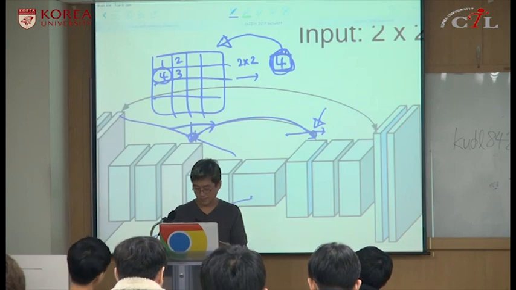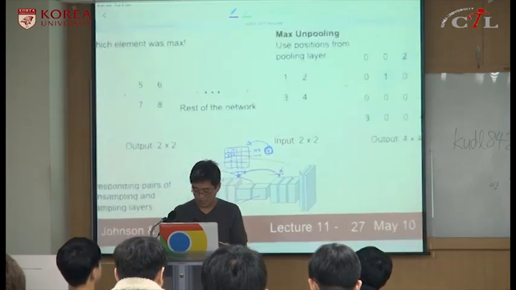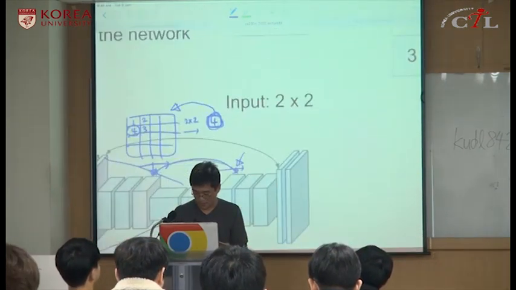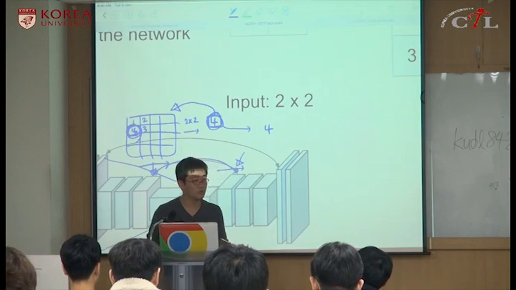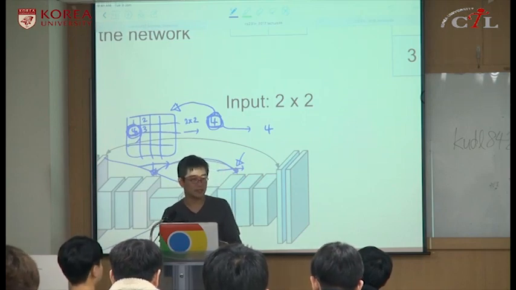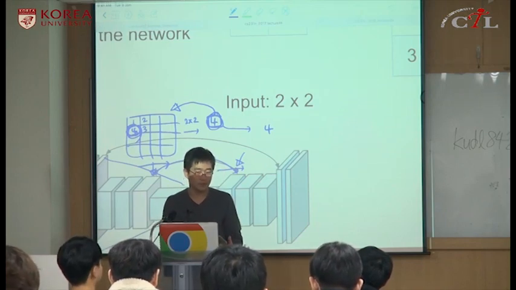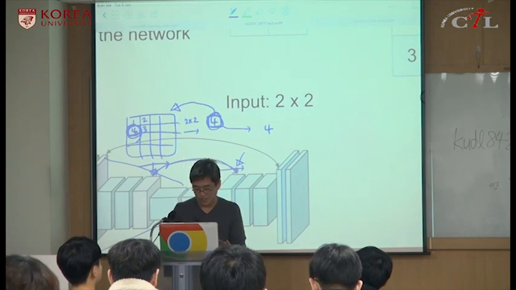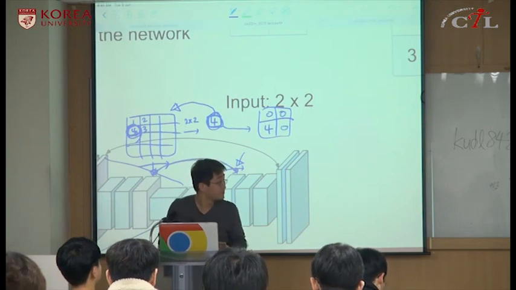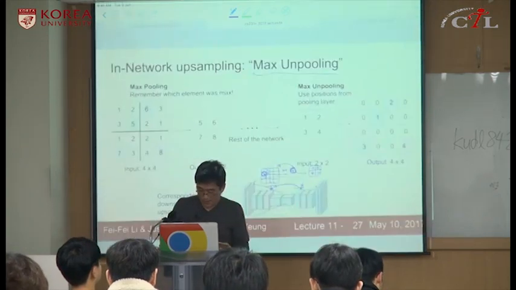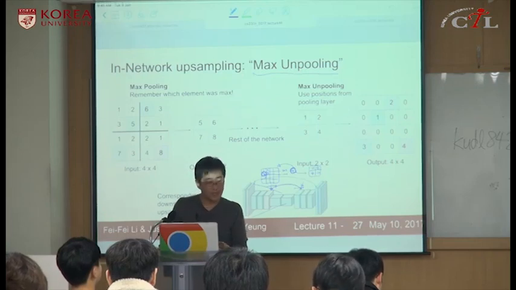This max value is only placed in the corresponding position that we memorized as the source of the max value, and for the other values we just simply put zeros. Okay, so this is another way of doing this max unpooling.